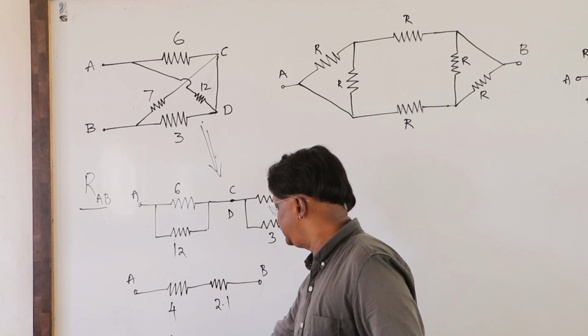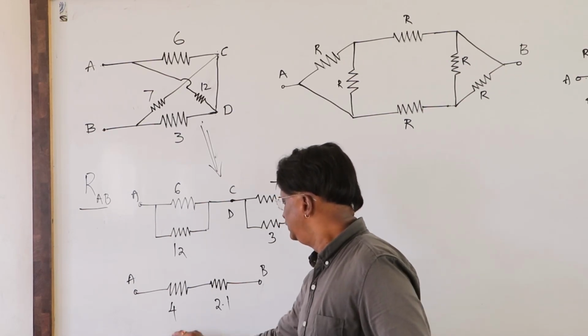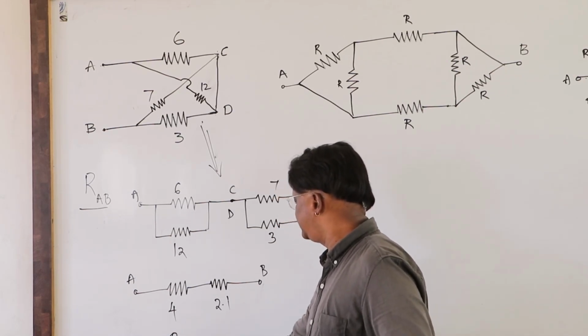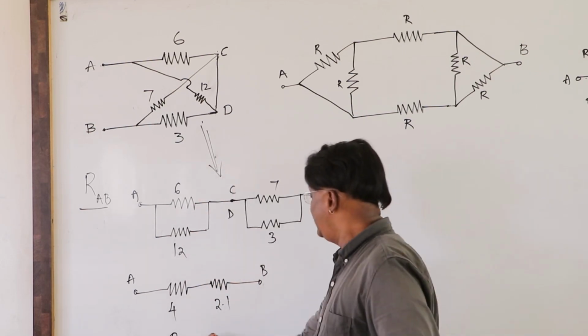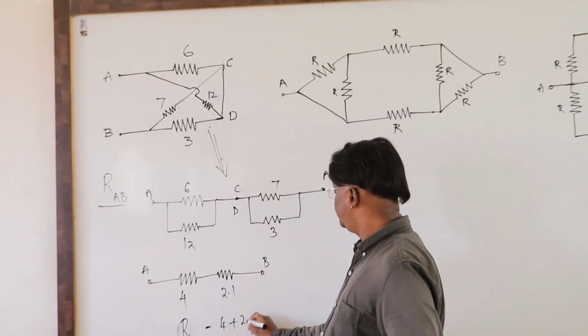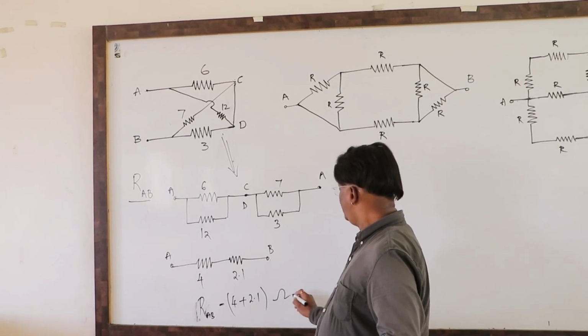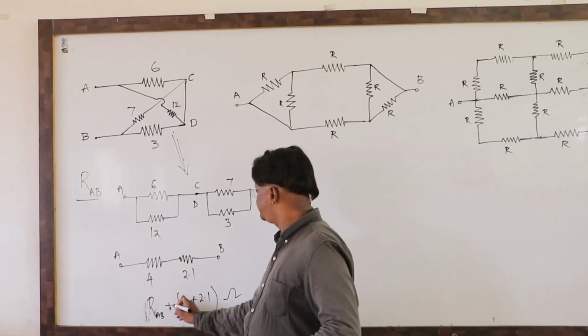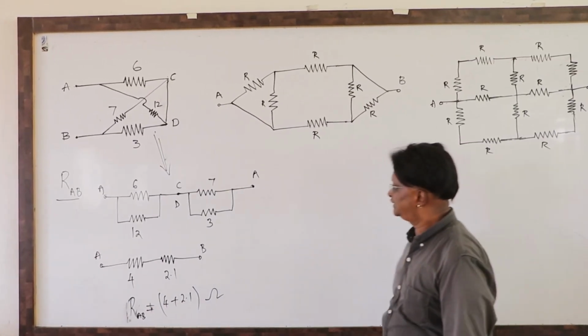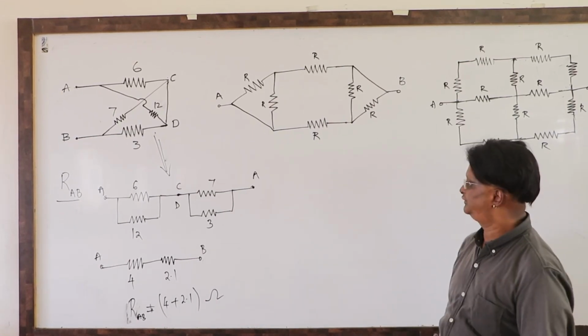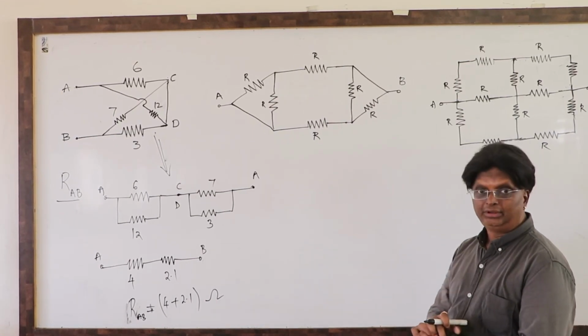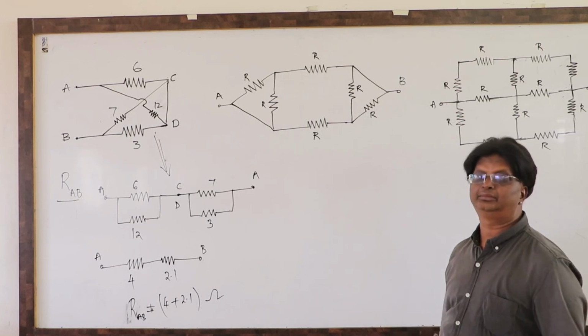Therefore, the final answer is RAB. I am writing the effective resistance across AB as 4 plus 2.1. So this is 6.1 ohm, the effective resistance. Like this. Got it? Now let us do one more example.